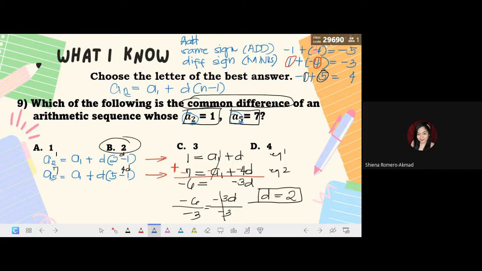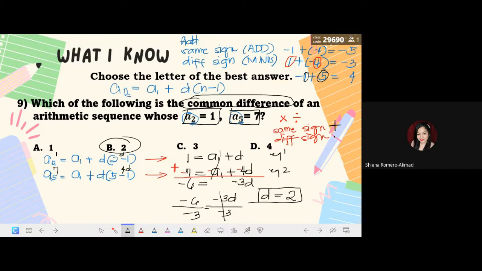How about naman kung multiplication or division? Kapag po multiplication or division, ano lang ang rule? Pag same sign at pag different sign, napakadali lang ng rule dyan. Pag same sign, positive agad ang sagot.